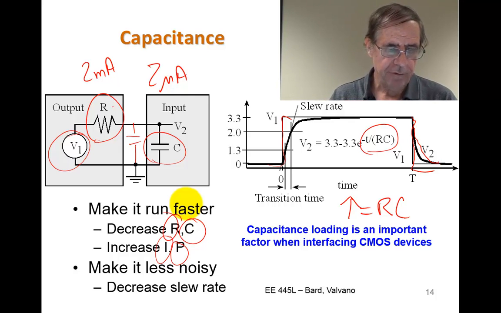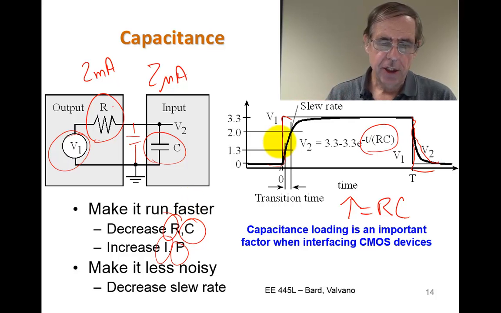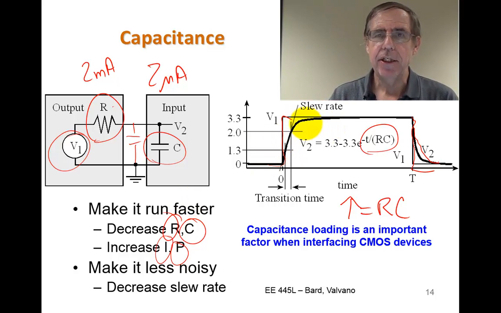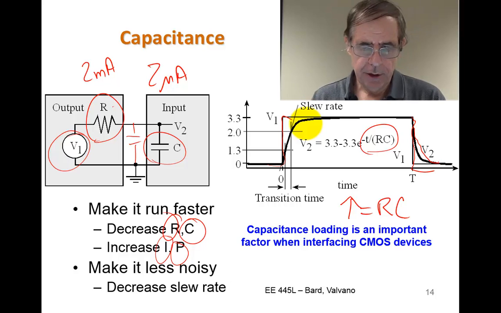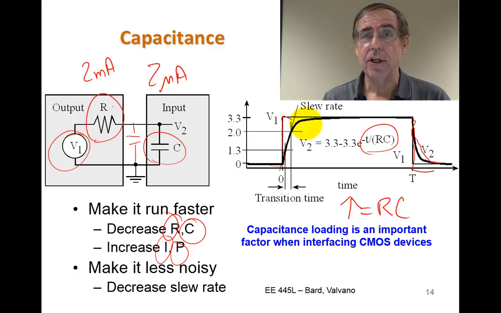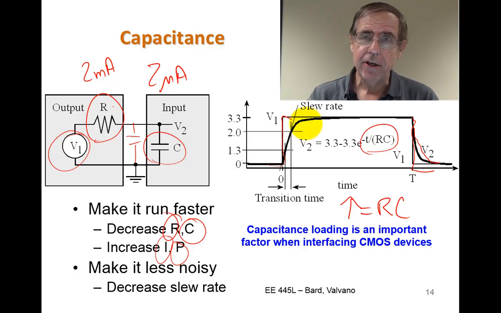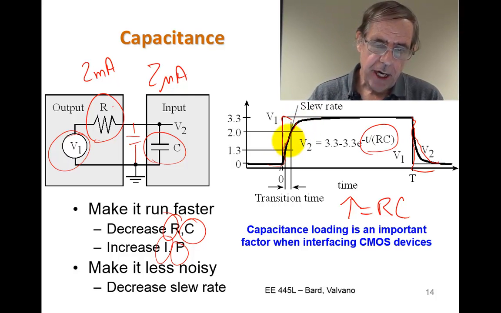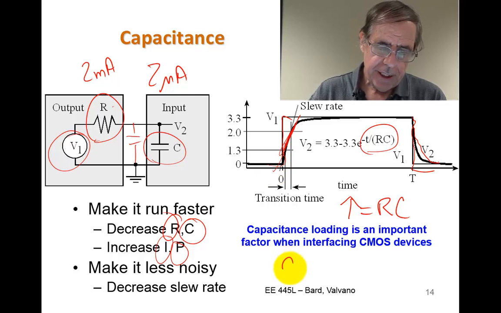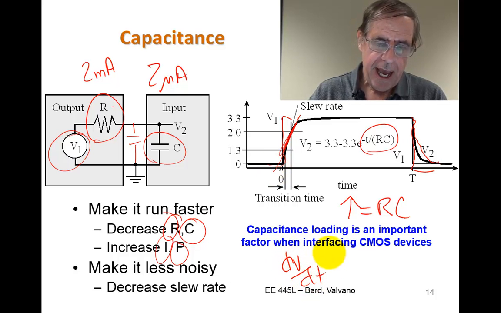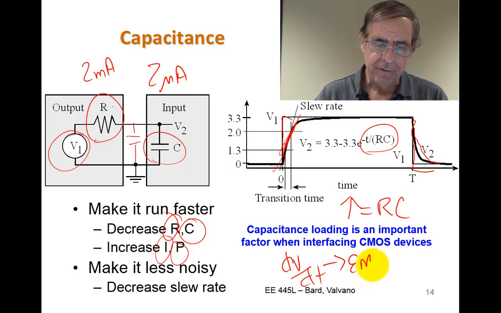Okay, so again, for a digital circuit, this capacitance here will affect how fast it runs. In the analog circuit, the capacitance removes noise. And it turns out this slew rate here, this voltage, this dV/dt at the digital circuit, is the thing that's going to generate electromagnetic fields.